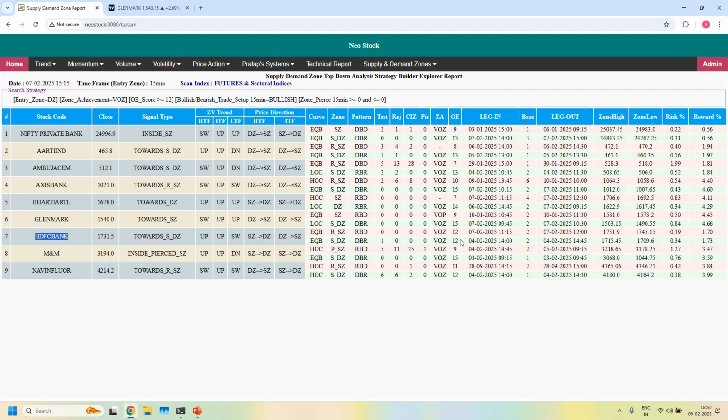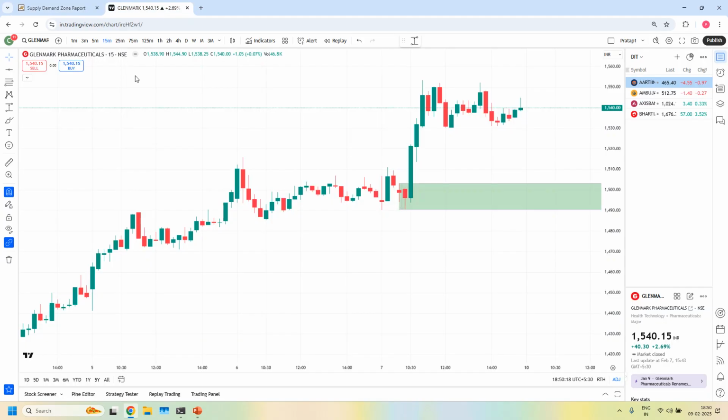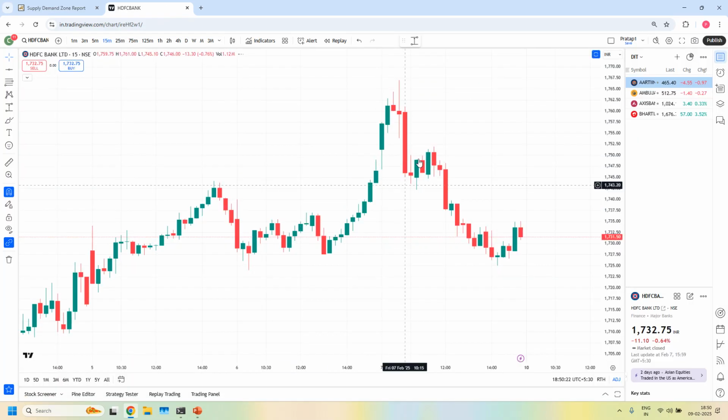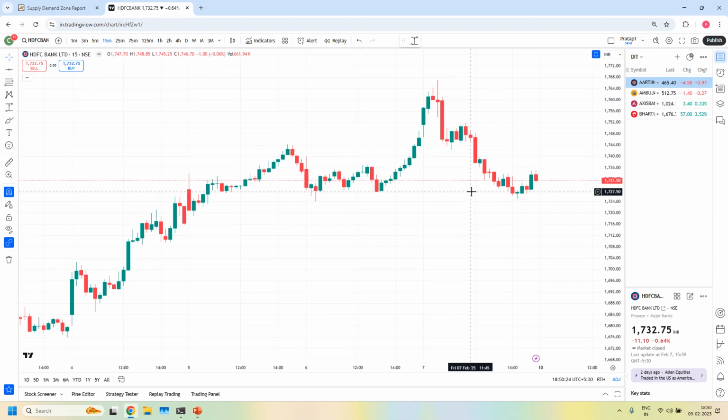Next one is HDFC Bank. This is also high liquidity zone. This is on 4th February at 14 hours. 2 base candles. This is the one, drop base rally.